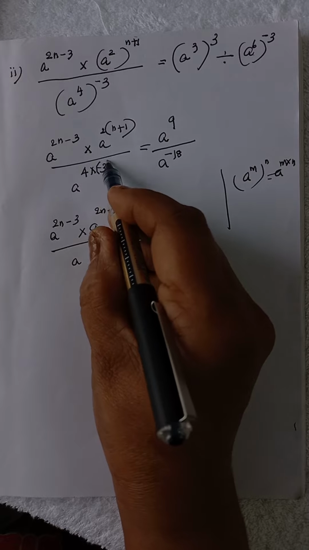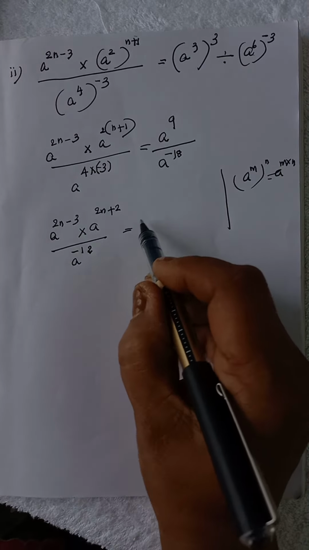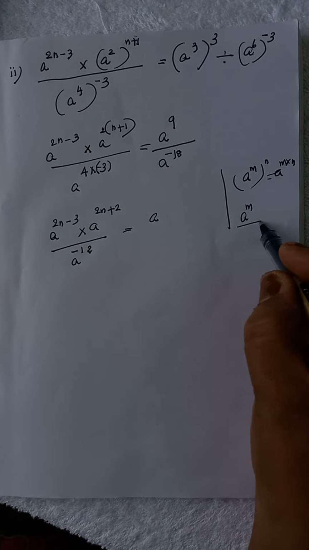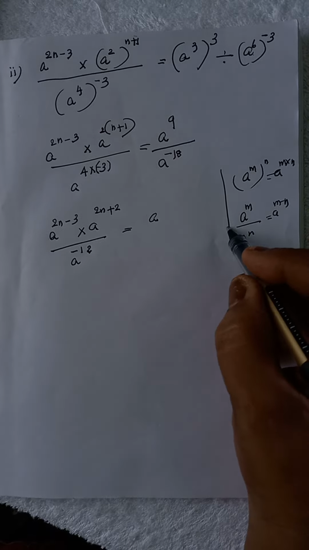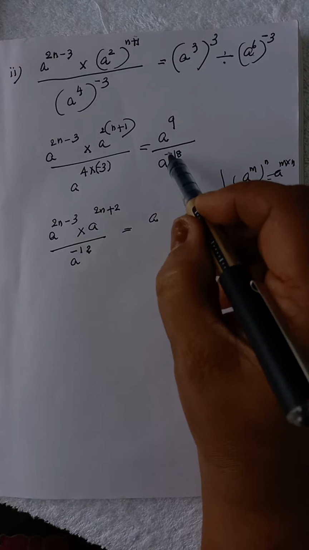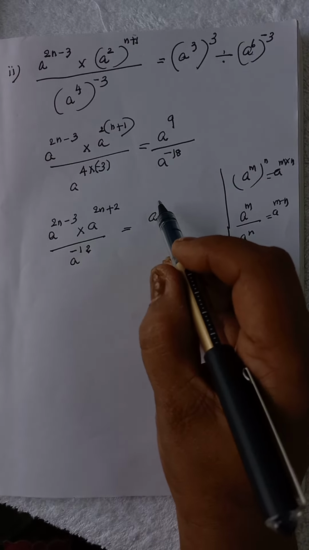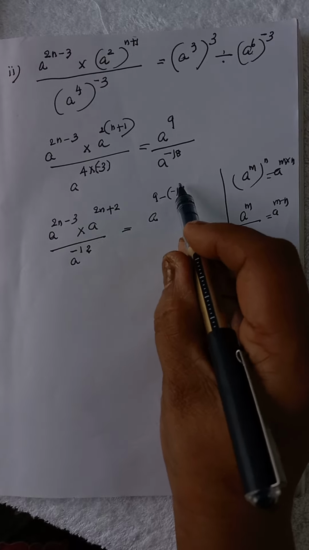If you want you can put this bracket here, a^(-12), that is equal to, here a^m by a^n is a^(m-n). By using that, if this is m and this is n, the right hand side will become a^(9-(-18)).